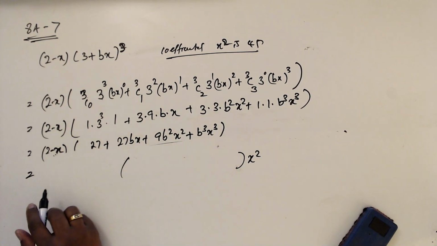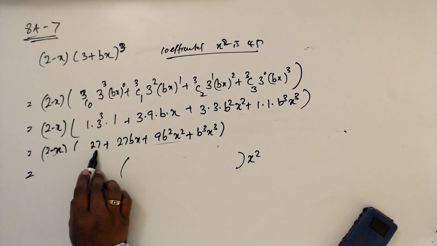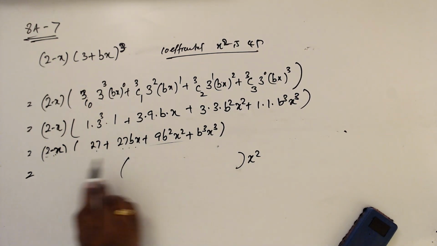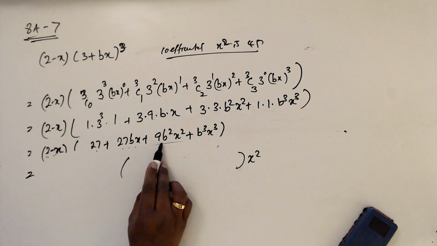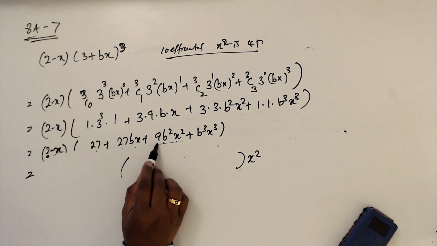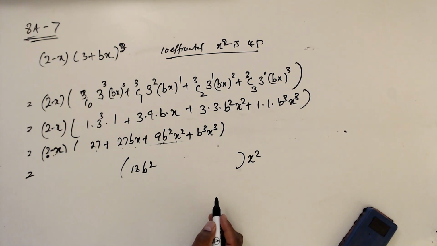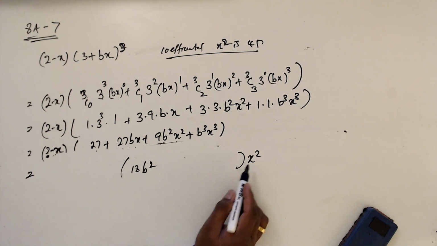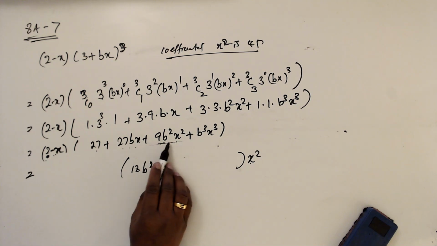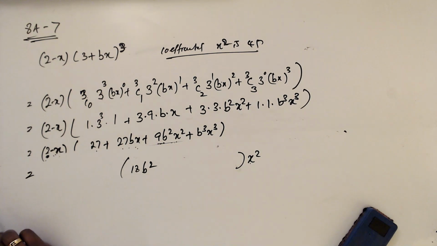When you multiply by 2, this is going to be a constant. 2 times 54bx is still not an x square term. 2 times this one, that one makes an x square term. So 2 times 9b square, 18b square. Okay, that one makes an x square term. 2 times, if constant, multiply by x square term, or x multiplied by another x term makes x square as well.